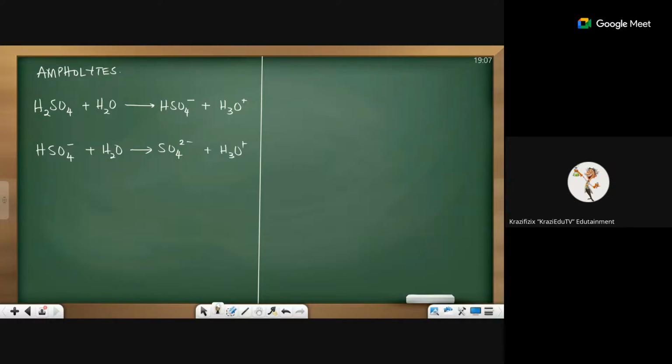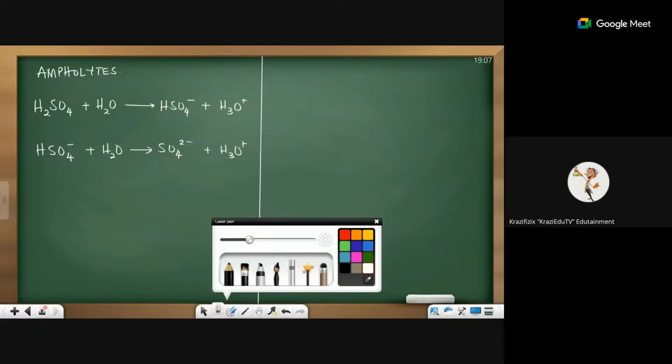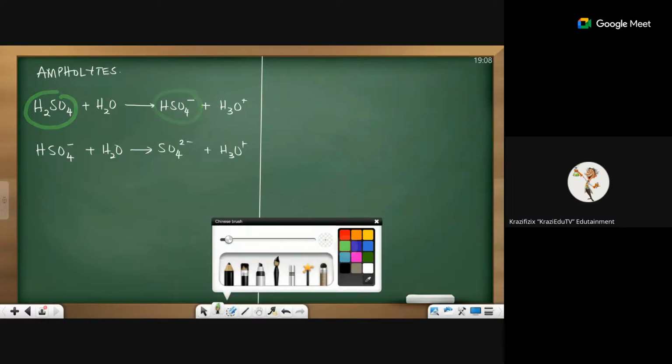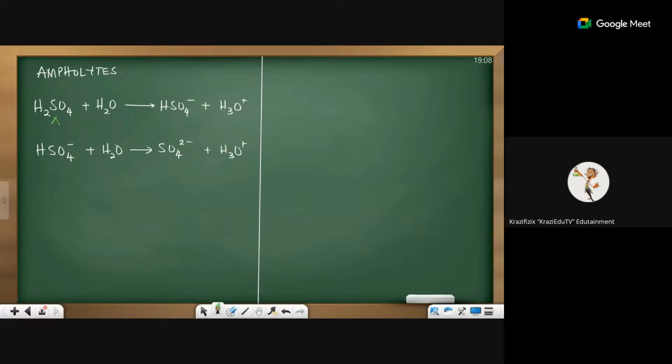There are 2 acids and 2 bases there. Let's see which one is the acid and which one is the base. We compare quickly. That became that. It has lost, so this becomes an acid, and this would be a conjugate what?